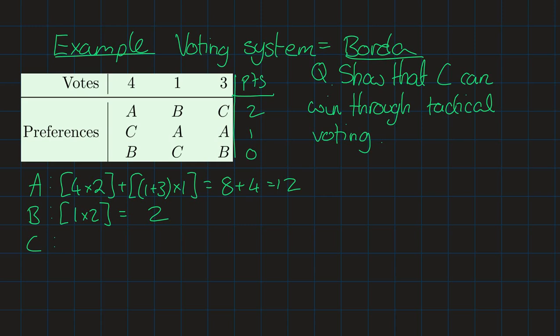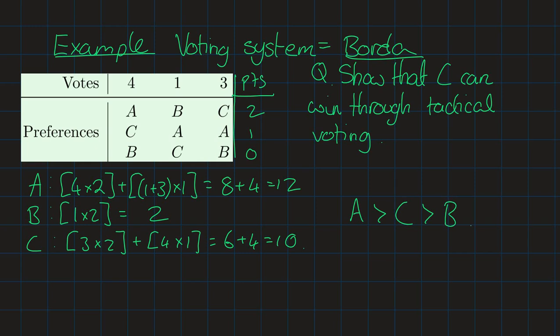And C is going to get 3 times 2 plus 4 times 1, which is 6 plus 4, which is 10. So currently, if everyone votes sincerely, the social ranking under the Borda voting system is A, C, B. So C comes in second place.